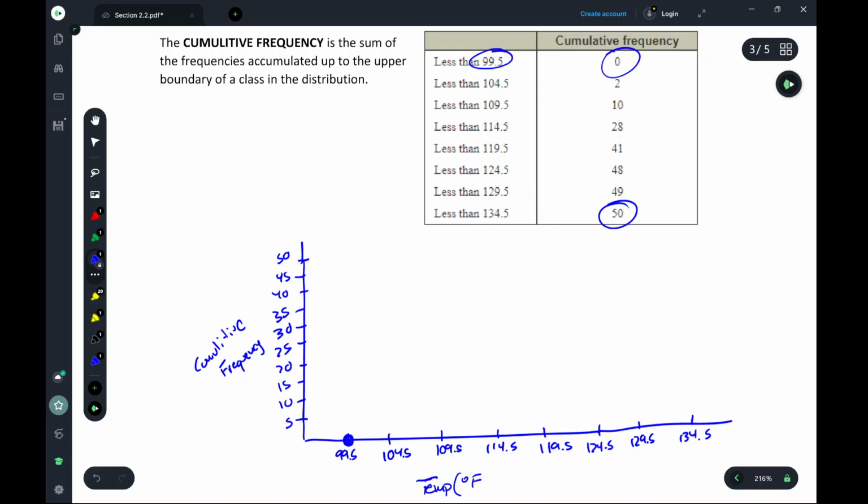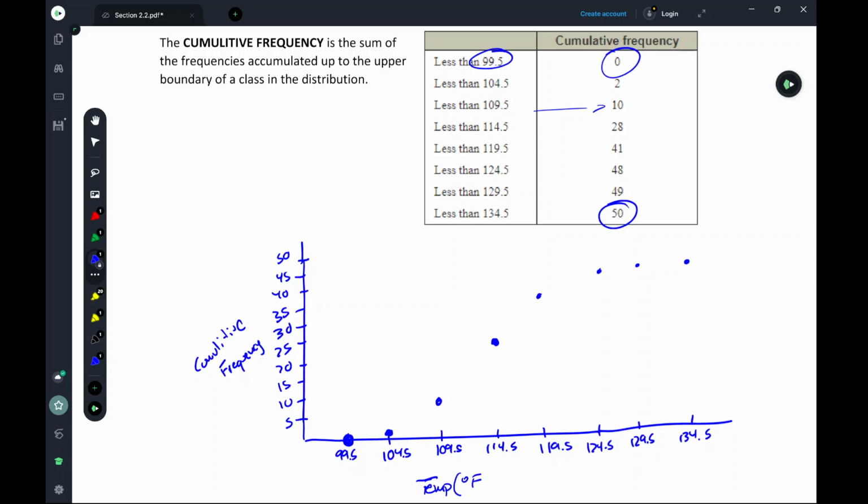Less than 104.5, I'm up at 2. Less than 109.5, I'm up at 10. Less than 114.5, I'm up to 28. Less than 119.5, I'm up to 41. It's about right there. And then my next one is 48, and then 49, and then 50. So we've plotted all of our cumulative frequencies based on the less than specific value of a class boundary.